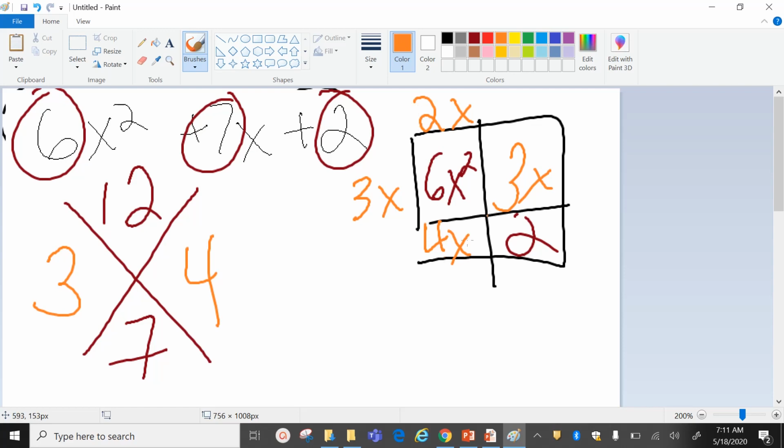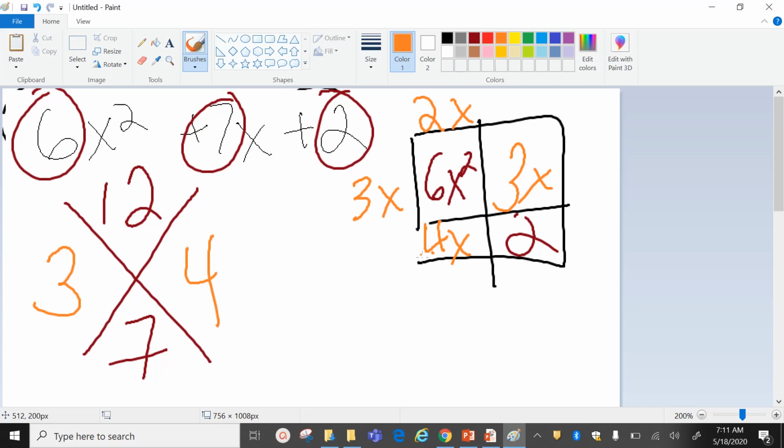Before, we didn't care where we put these. Now we're going to put in some thought, because sometimes it's just 2x and x, but sometimes it's other numbers that we have to think about. And what I like about this is it's a puzzle. It's like a chess game. We're trying to be intentional and a move ahead.